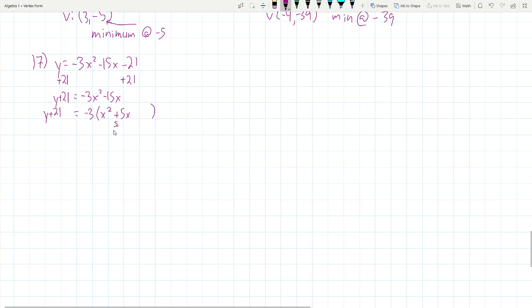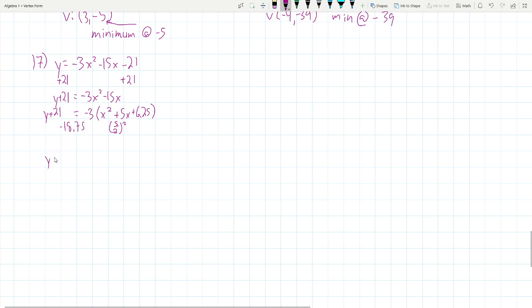So I do 5 over 2 squared, which is 25 over 4, which is 6.25. When I take it to the other side, I need to go 6.25 times negative 3, which is negative 18.75.